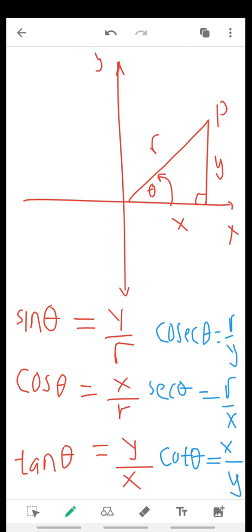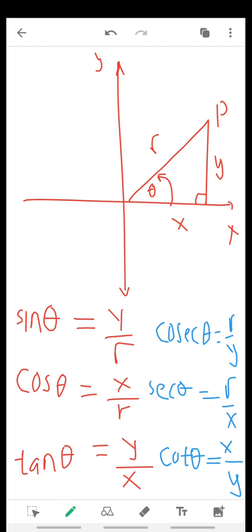Now, look at what is happening there. I have my x, I have my y, and they are forming a right angle triangle. Now, when you look from point P to the origin, where the x-axis and the y-axis cut each other, I'm getting the length r. What is r? Usually we call it the radius, but in this case, we will call it the terminal arm.